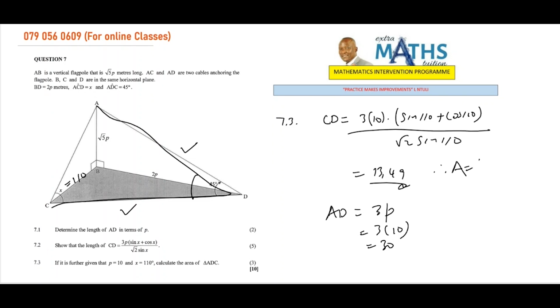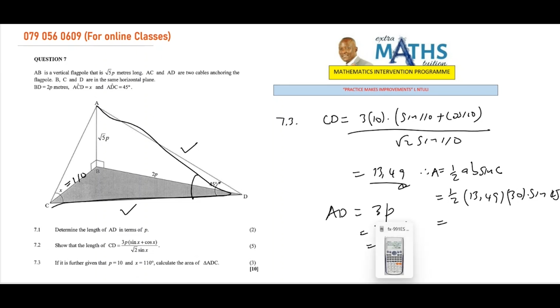Conclude. The area will be half ab sine C. What is your a? It's 13,49. What is your b? It's 30. Therefore, your area will be half ab sine C. What is your a? It's 13,49. What is your b? It's 30, sine 45 degrees.